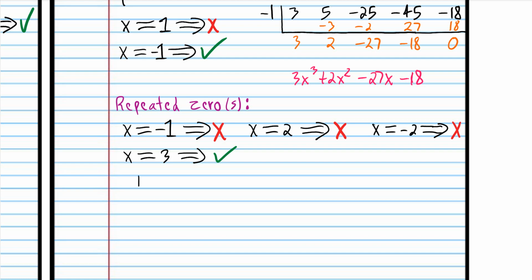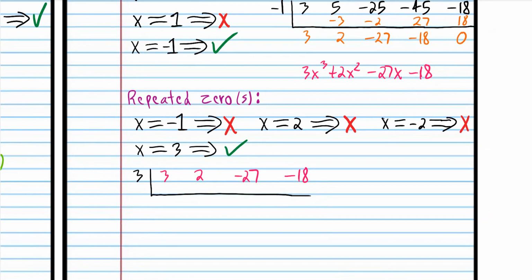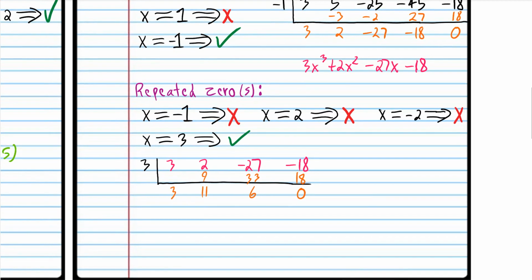Okay, we're back. So I'm going to write these pink coefficients: 3, 2, -27, -18. And we're dividing by x minus 3, so I'm going to put a positive 3. So let's do the algorithm. And we get 0. Again, if you don't get 0, then that means you probably did something wrong for the remainder.